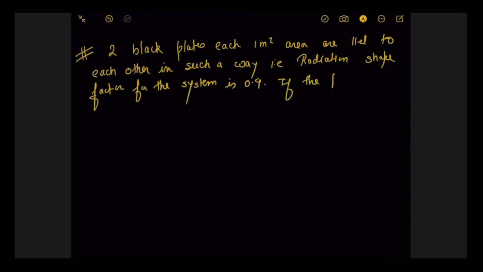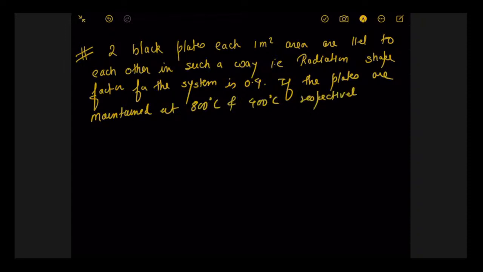If the plates are maintained at 800 degrees centigrade and 400 degrees centigrade respectively, determine the net radiation heat transfer between the plates.